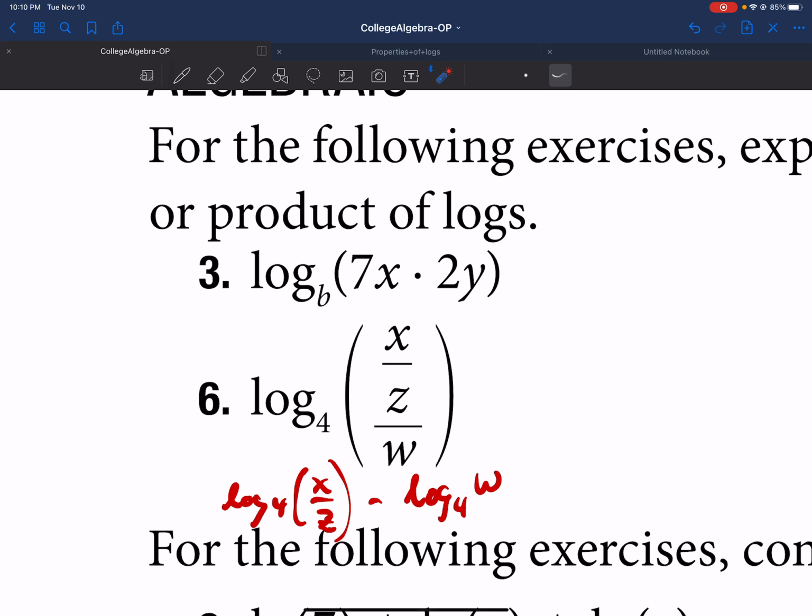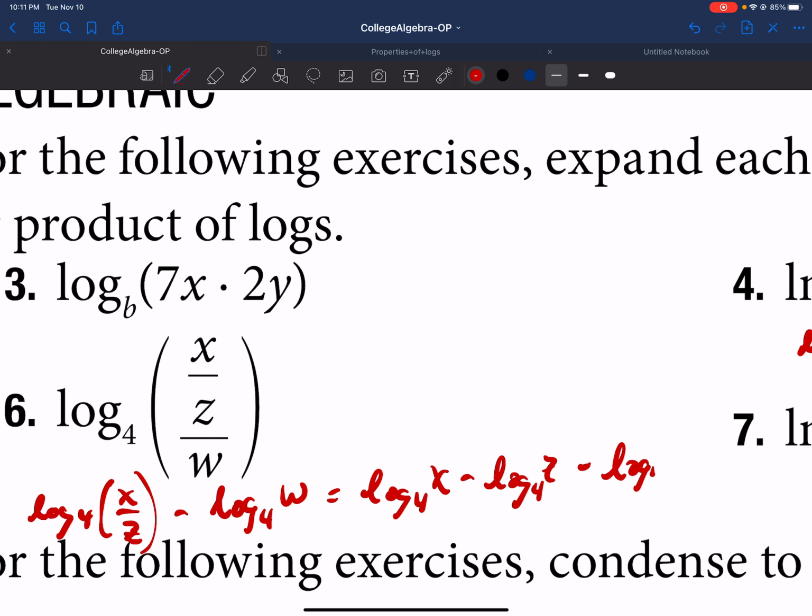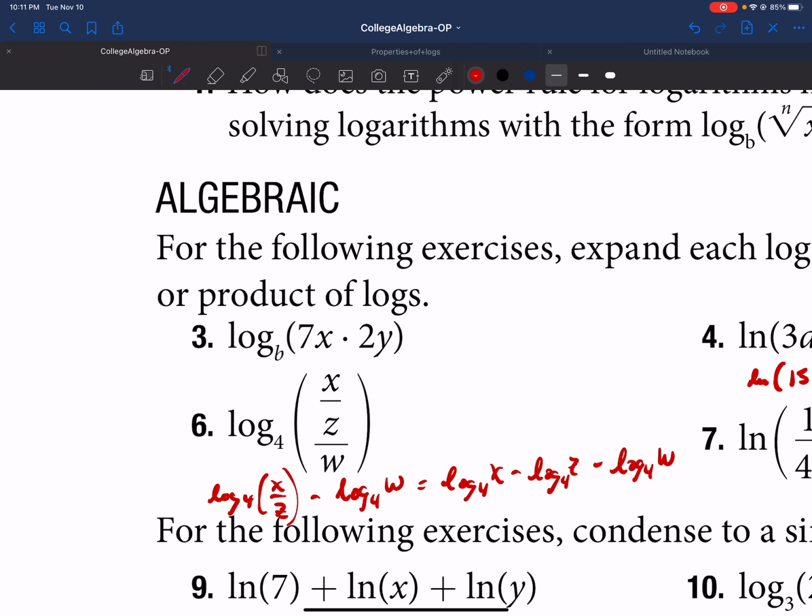But this now is a quotient, so it becomes subtraction. So this should be log base 4 of x minus log base 4 of z minus log base 4 of w. All right, so that took a couple steps to get there.